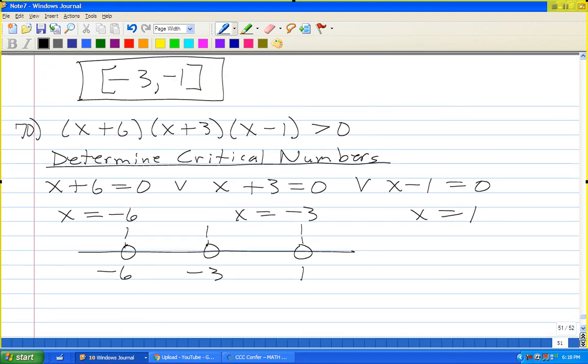Take a number between negative 3 and 1. Let's say 0. Positive, positive, negative gives me a negative. All the roots, all the critical numbers are simple roots. They all have multiplicity 1. They all have odd multiplicity, so everything alternates. All the signs alternate for these regions. We want it to be greater than 0, so I fill in the plus.